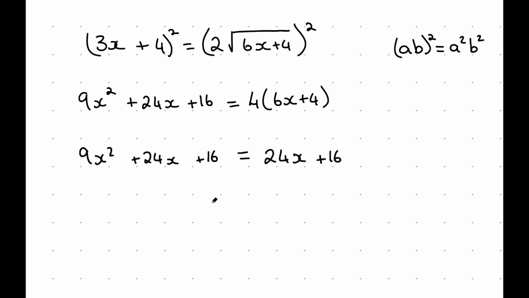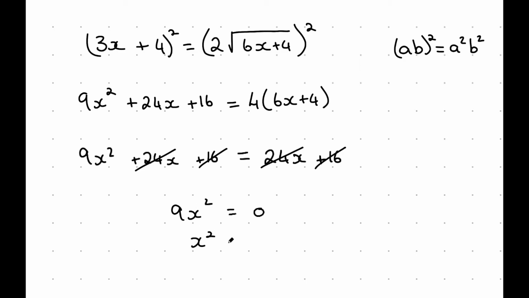And then I'm going to take away 24x from both sides, and it just so happens to drop out to 0, and then take away 16 from both sides, and then I'm left with 9x squared is equal to 0. Then what I need to think about is, okay, if 9 times x squared is 0, what does that mean that x has to be?